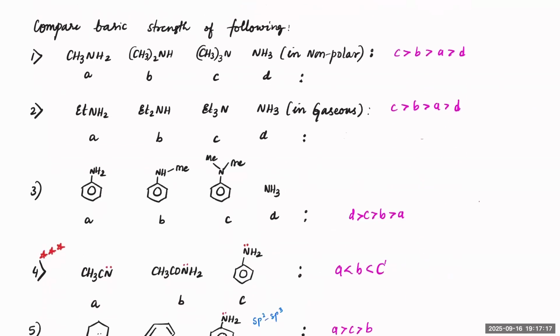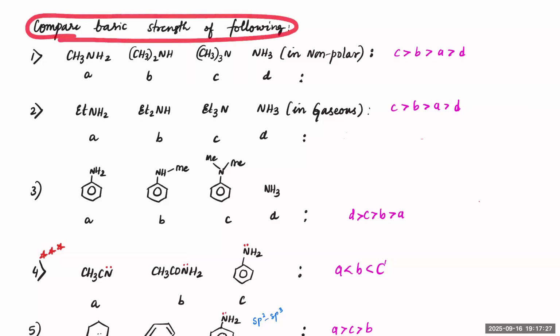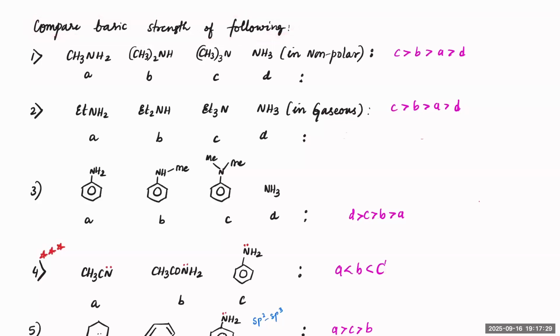Next, if you have to compare the basic strength of the following, check out C, B, A, D. This is the part we just learned. This is in non-polar solvent. Why non-polar? See, in non-polar there is no solvation.